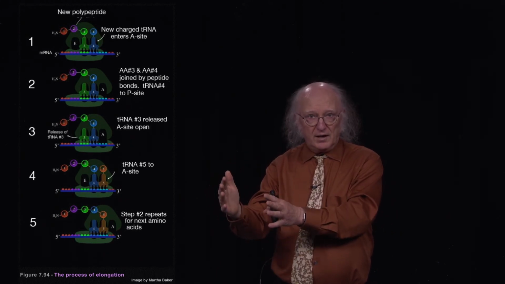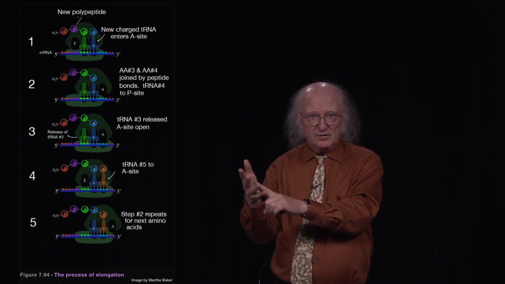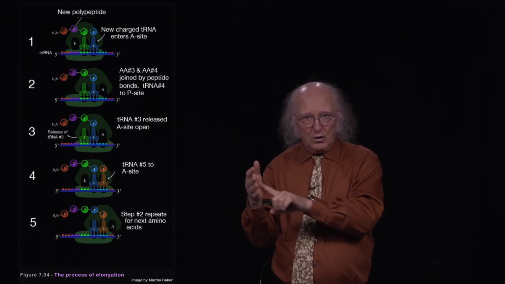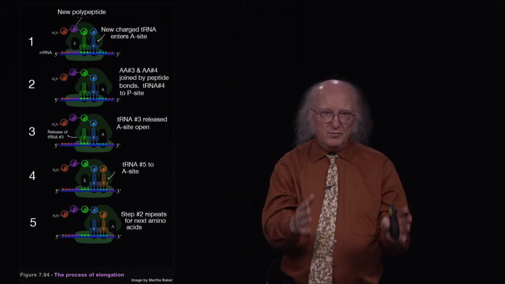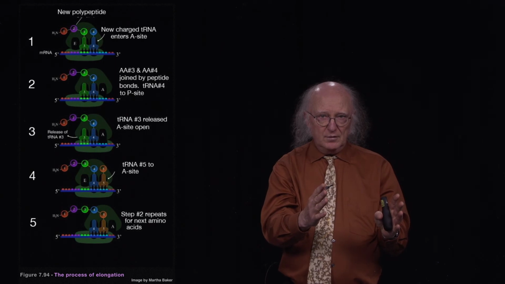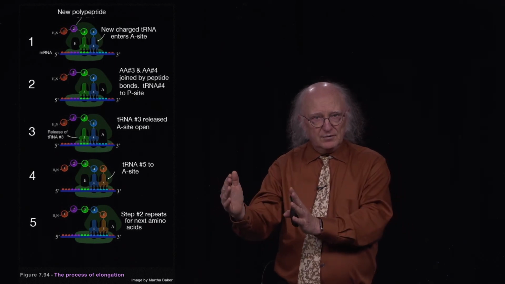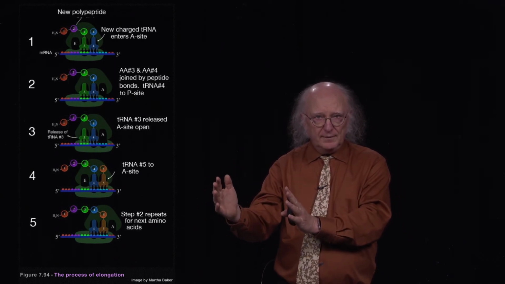Notice that all these processes, replication, transcription, translation, are all occurring 5' to 3'. Okay? So the EFG is catalyzing the movement of the ribosome in the 3' direction, 3 nucleotides away.